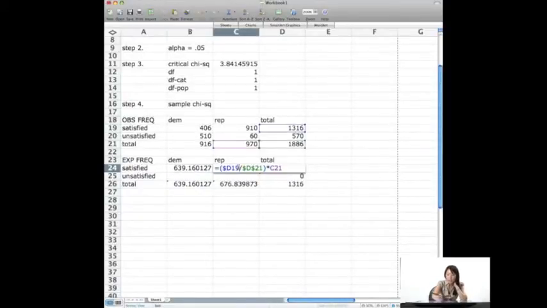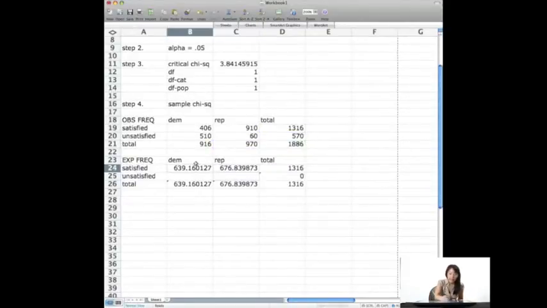And if I look at this, then what I'm doing is I have this same rate, again, the rate of being satisfied, but now it's multiplied by the number of total Republicans. And then I'm going to take that cell, copy and paste it down here. And here I see that now I have the rate of being unsatisfied, and I need to change this to that.